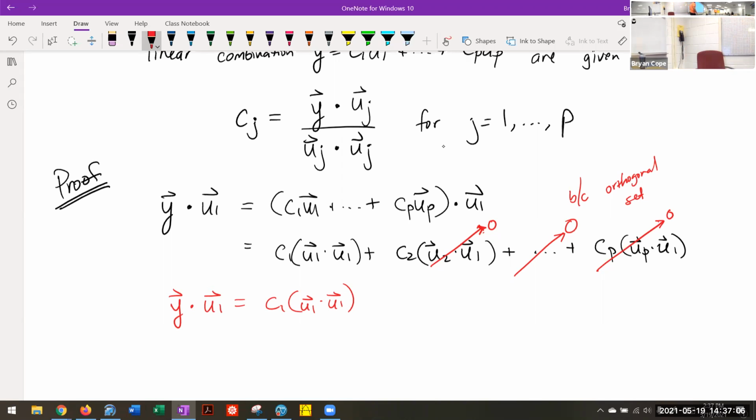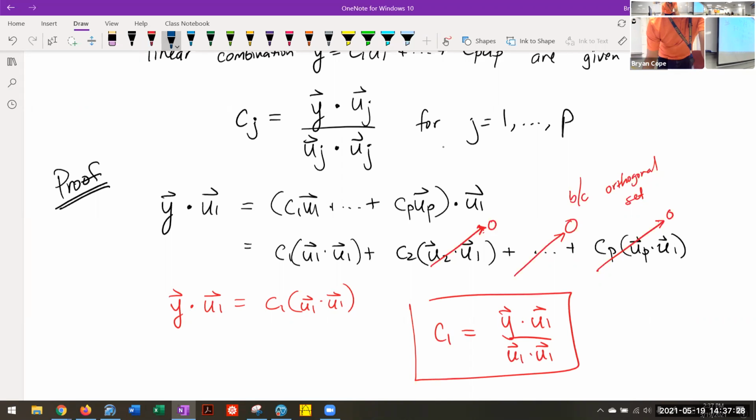But remember what this is. A dot product is just a number. And this dot product is just a number. So this very quick proof shows us that the first scalar, C1, is just Y dot U1 over U1 dot U1.